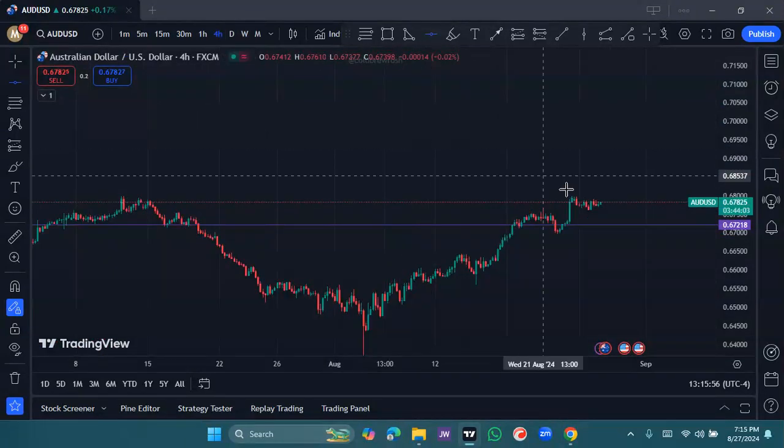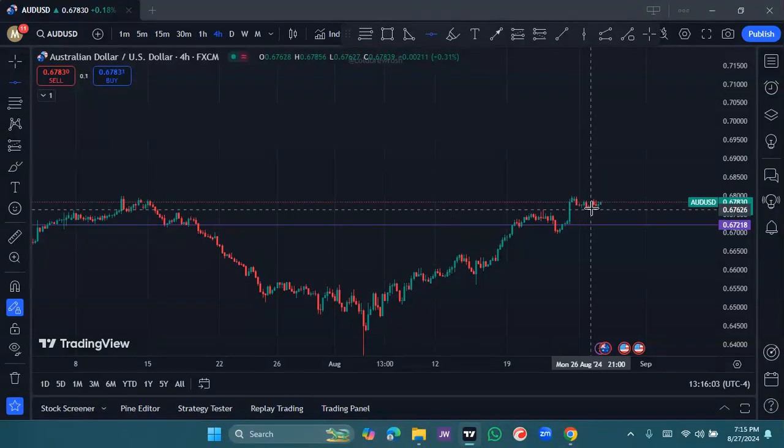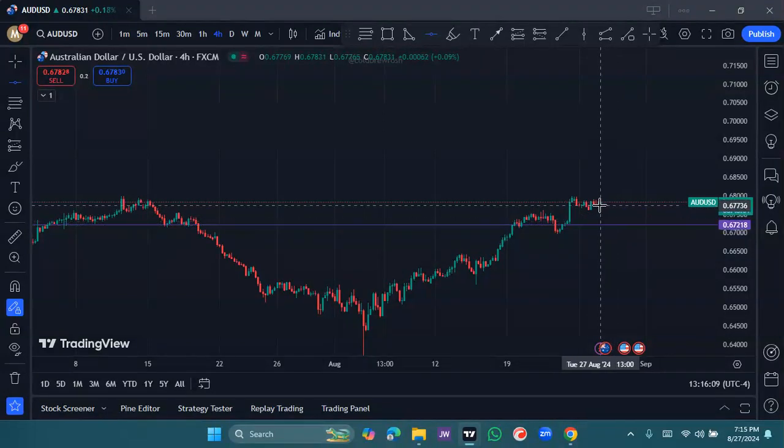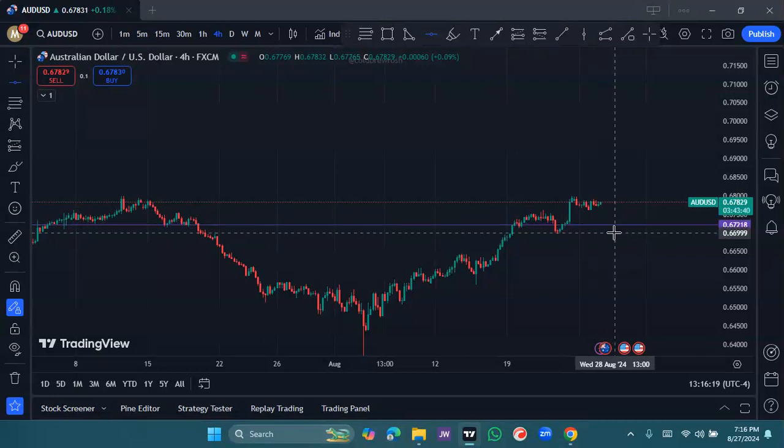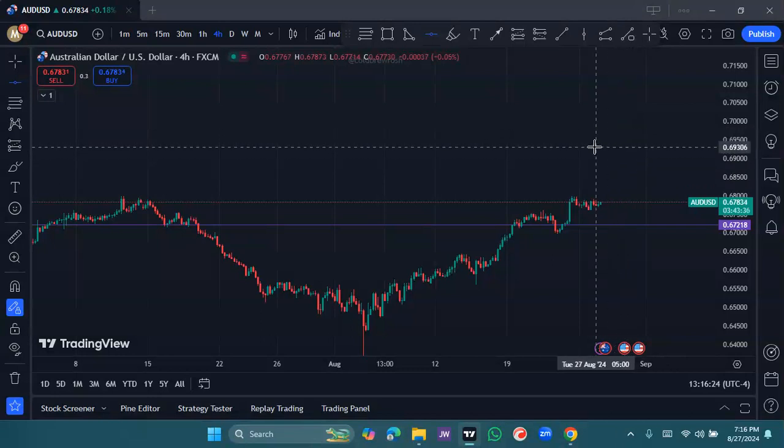And then if you look at the 4 hour, this structure right here has been violated, broken nicely to the downside. Now it's retracing, and hopefully CPI takes it here, and then you get your first entry. Immediately on CPI, you can get your sell over here, and then you can get your buys over here if you are a pending order kind of person.